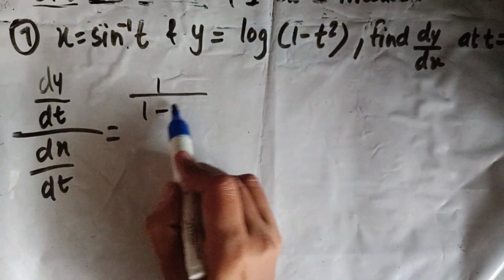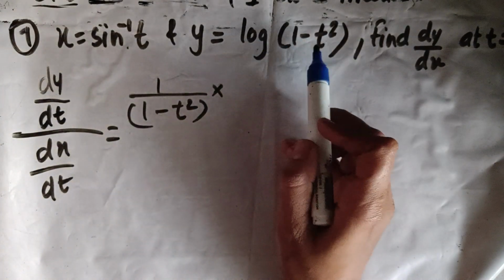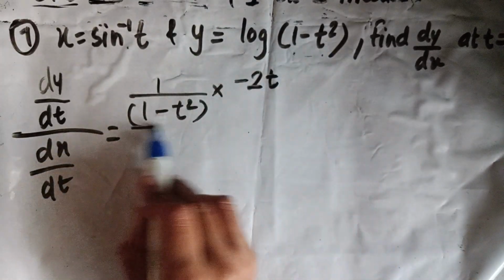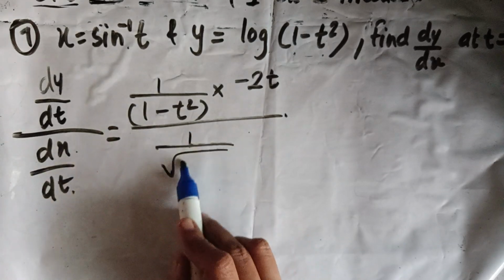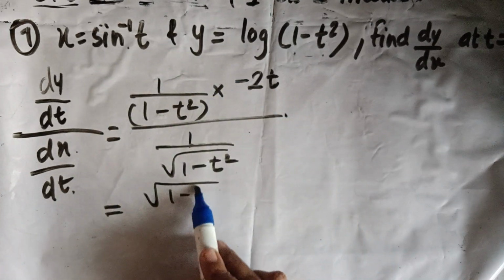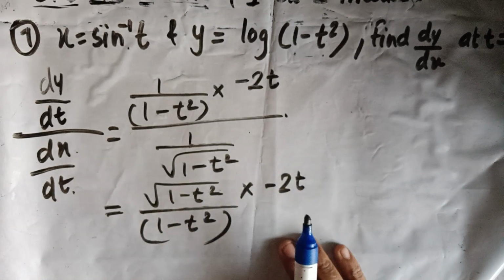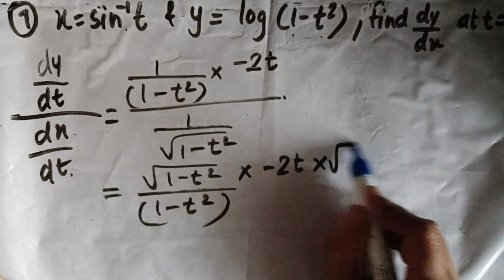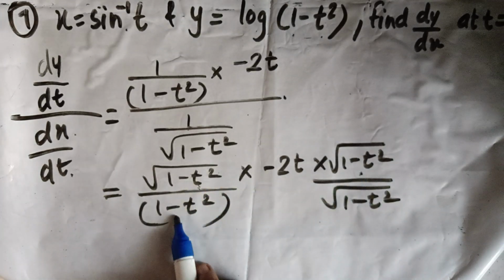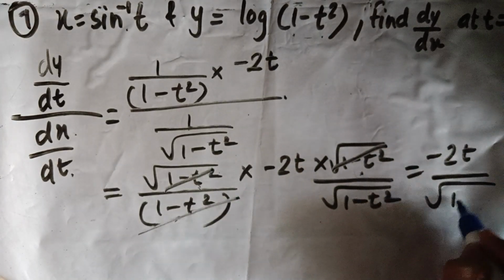So this becomes 1 upon 1 minus t square into log, the derivative of this function, that is, this is 0, this is minus 2t upon root of 1 minus t square. Okay. So this goes in the numerator, so this is 1 minus t square into minus 2t. Okay. Now I can multiply by root of 1 minus t square in the numerator and denominator. So that this becomes 1 minus t square, right? So you will get final minus 2t upon root of 1 minus t square.